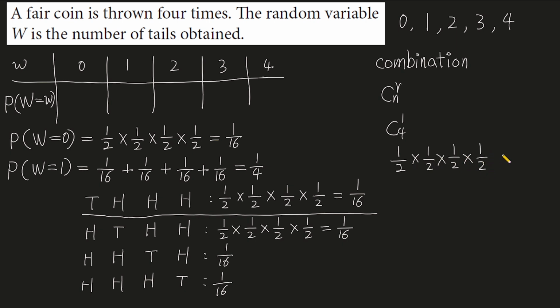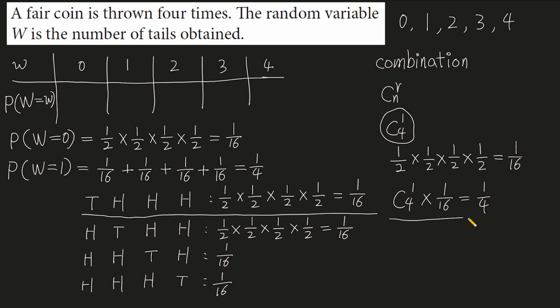We multiply them together to get 1 over 16. So there are C(4,1) ways to choose one term from four terms, and the probability that the one term we choose is tail and the other three terms are heads is 1 over 16. So we multiply C(4,1) with 1 over 16. This equals 1 over 4.